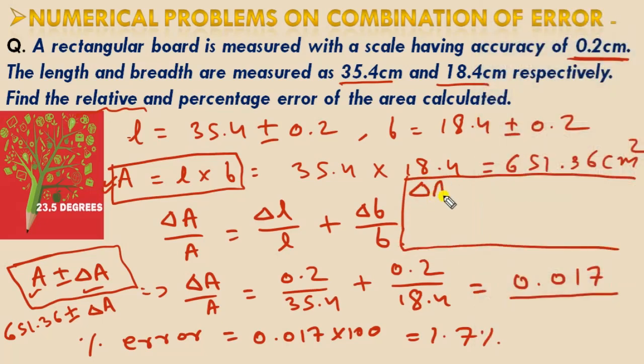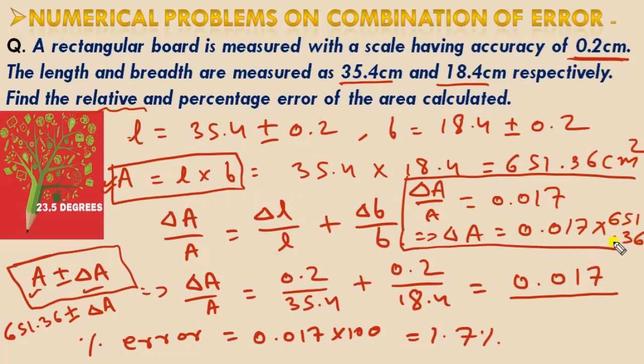This implies delta A would be equal to 0.017 multiplied by A. A is 651.36. You can multiply these two together and get the value of delta A, and then you can write area in this standard form of writing any measured value, A plus minus delta A.